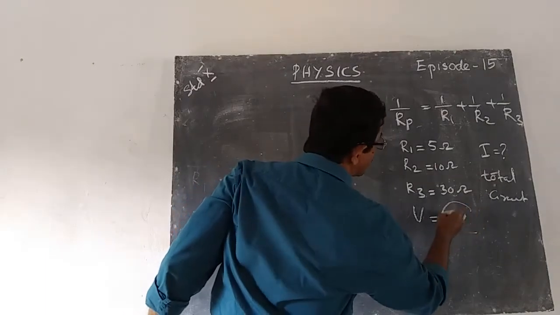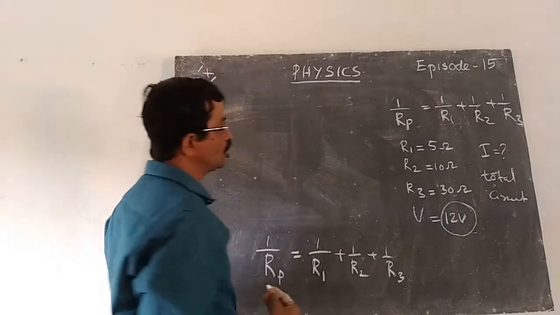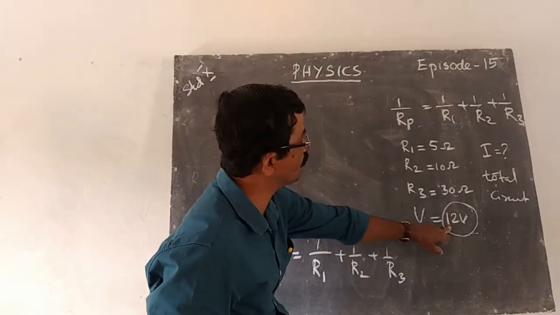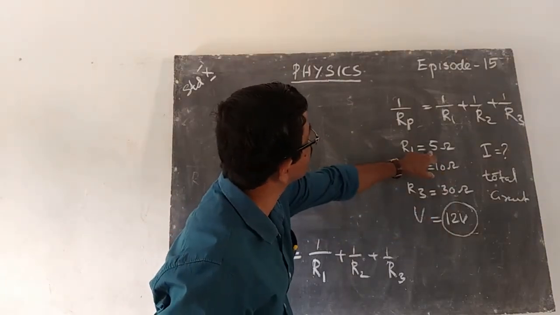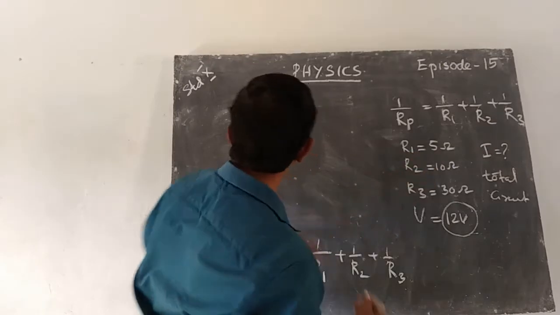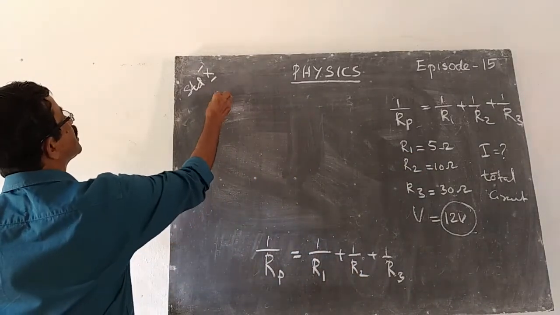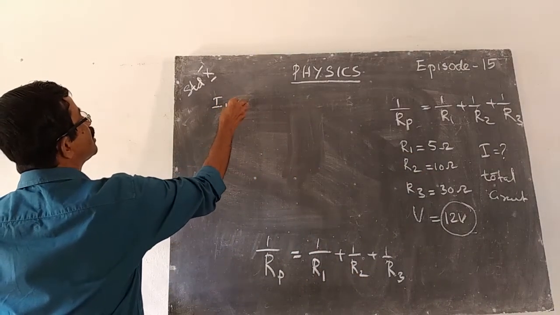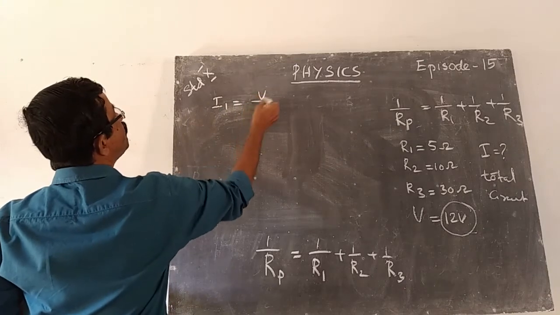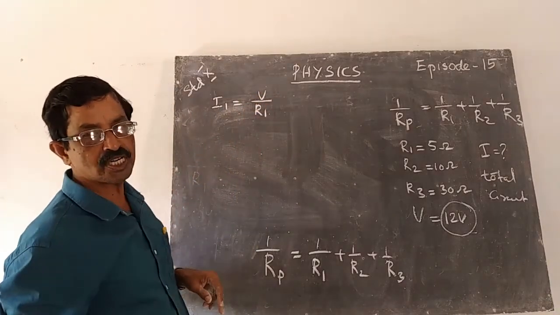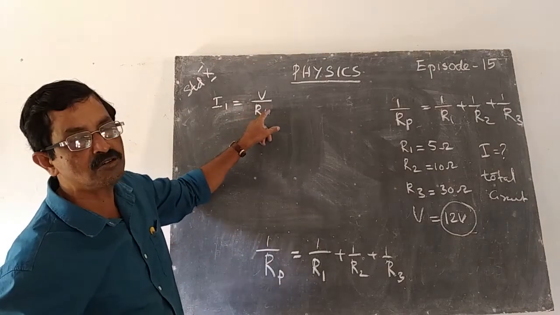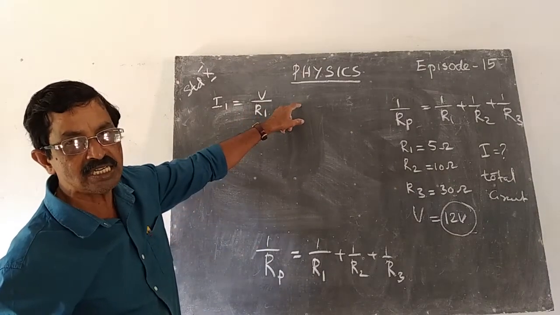First of all we want to find the current through each of the resistors. Here the potential difference is given, V is equal to 12 volt. The first resistance is 5 ohm. So the current through the first resistor I1 is equal to V by R1. We know the potential difference across R1, R2 and R3 remains the same.